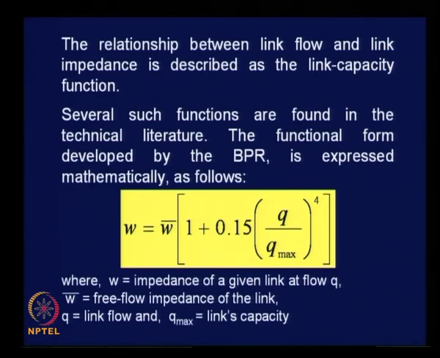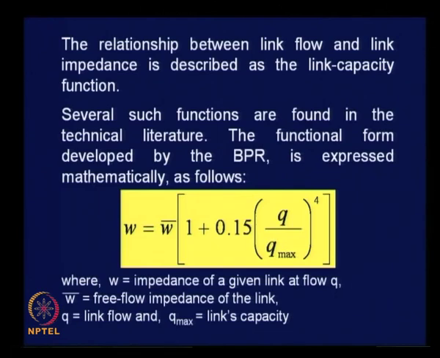And you can see W is given in terms of W bar. W you are estimating in terms of a free flow impedance, W bar, multiplied by some factor. And if you look at the multiplying part of it, you get some numbers as 0.15 and an exponent 4.